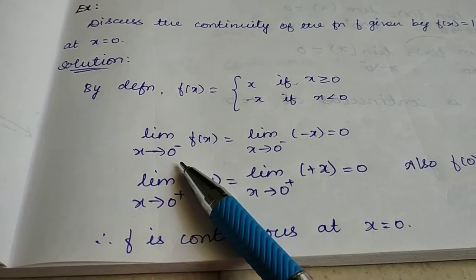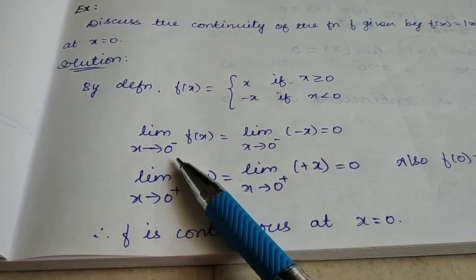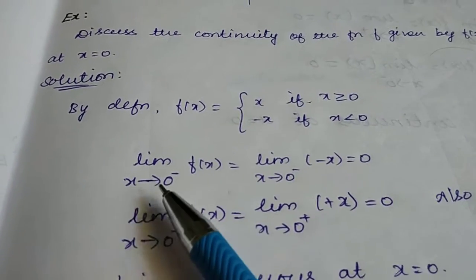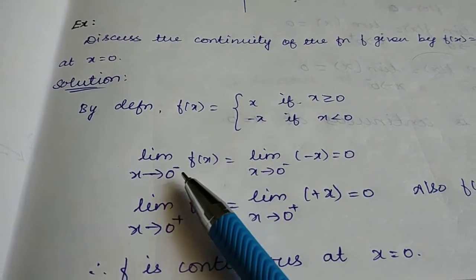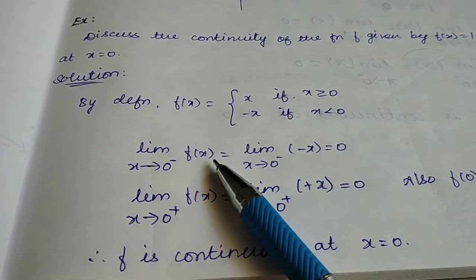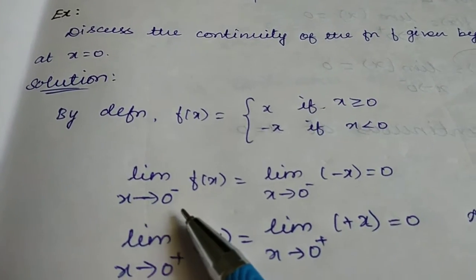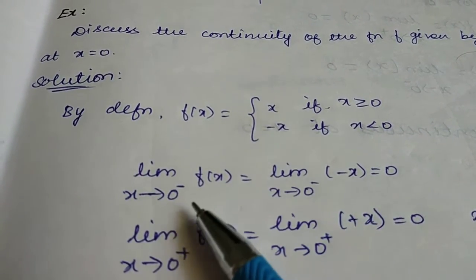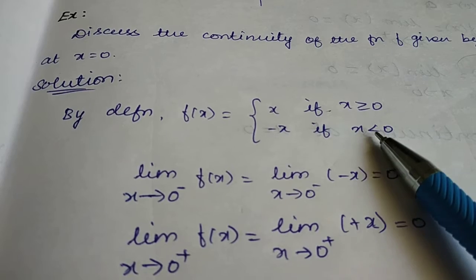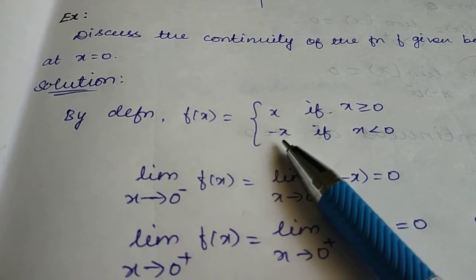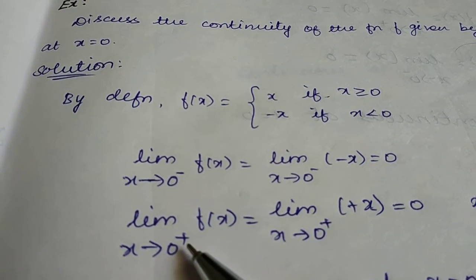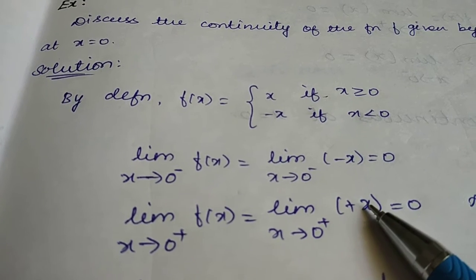First let us consider the left hand limit and also the right hand limit. So the limit as x tends to 0 minus of f of x: if it is 0 minus, it means less than 0, so it is minus x. Suppose 0 plus, it means greater than 0, so it is plus x.